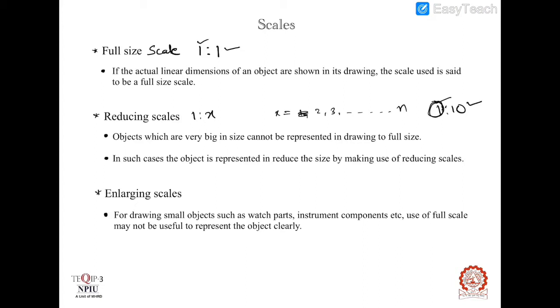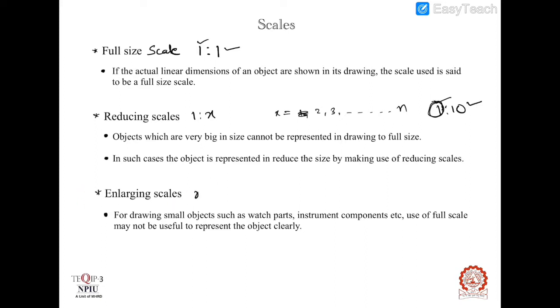Similarly, for drawing small objects such as watch parts, instrument components, etc., use of full scale may not be useful to represent the object clearly. So in those cases, enlarging scales are used.